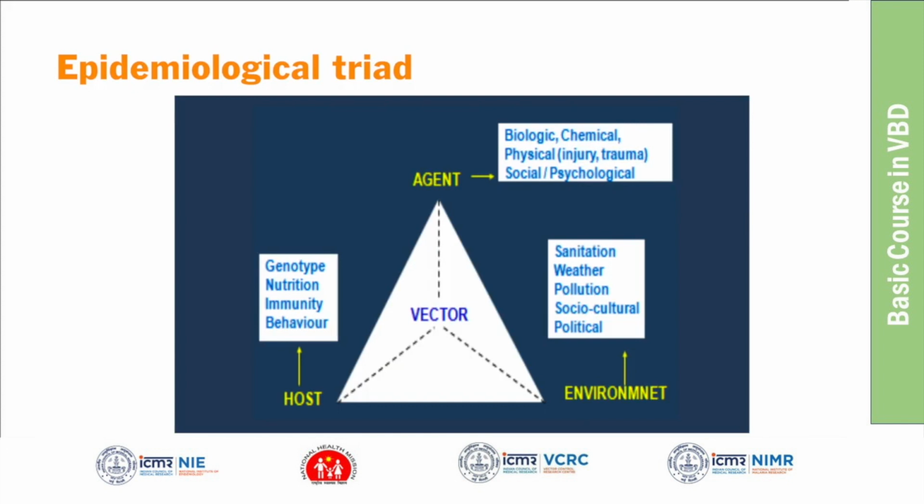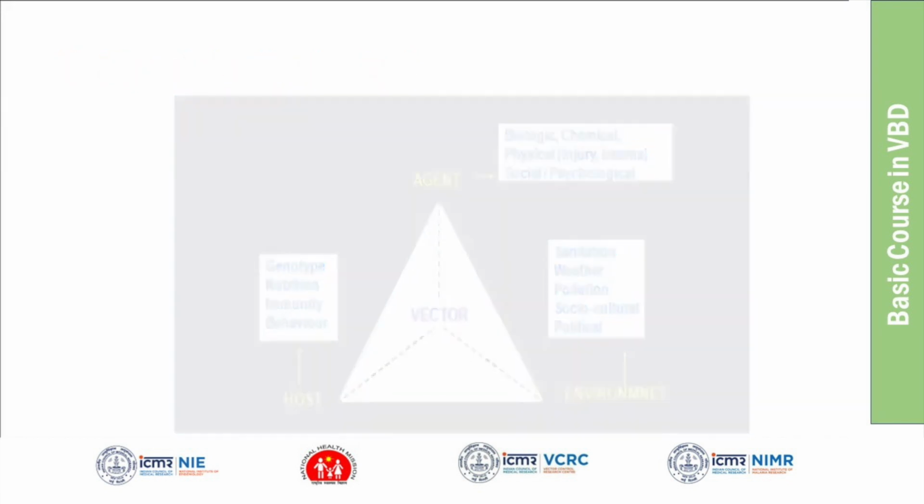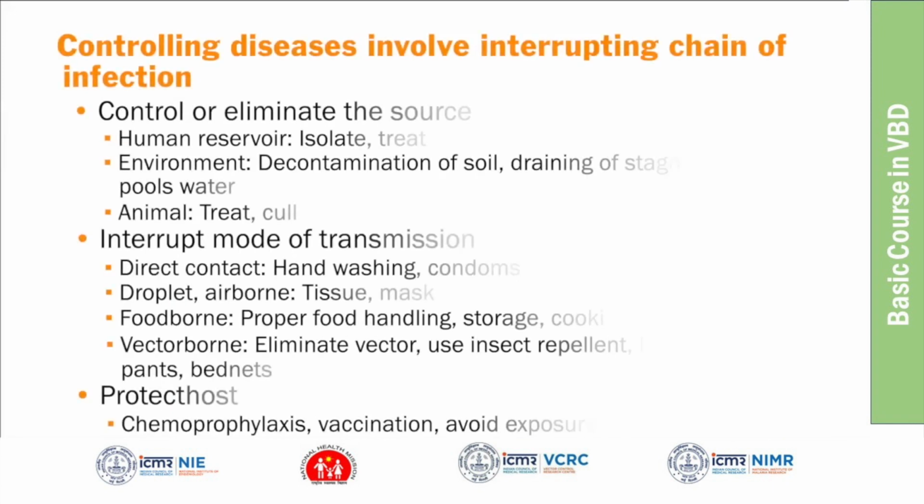So with this knowledge, we intervene, we interrupt, and then make sure we either eliminate or control the source. The source could be human, by isolating the patient or treating the patient. The reservoir could be environment, where we decontaminate, or drain the stagnant water. If it is animal, we isolate, treat, and cull.